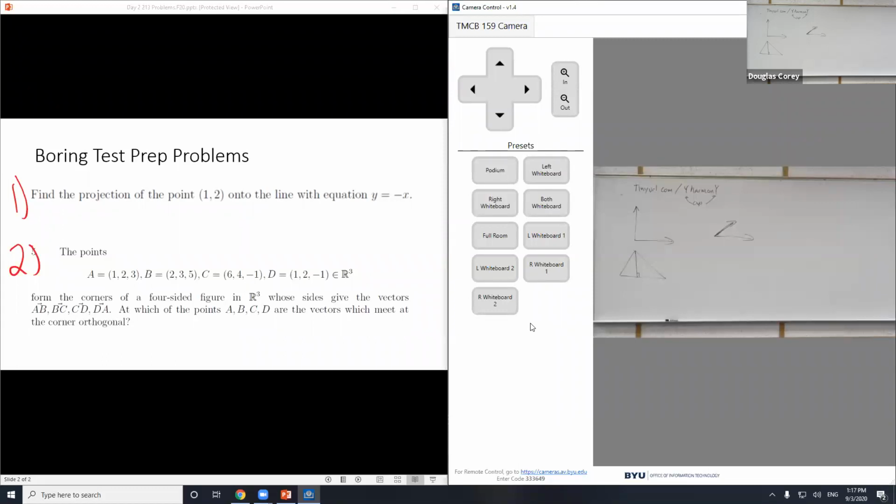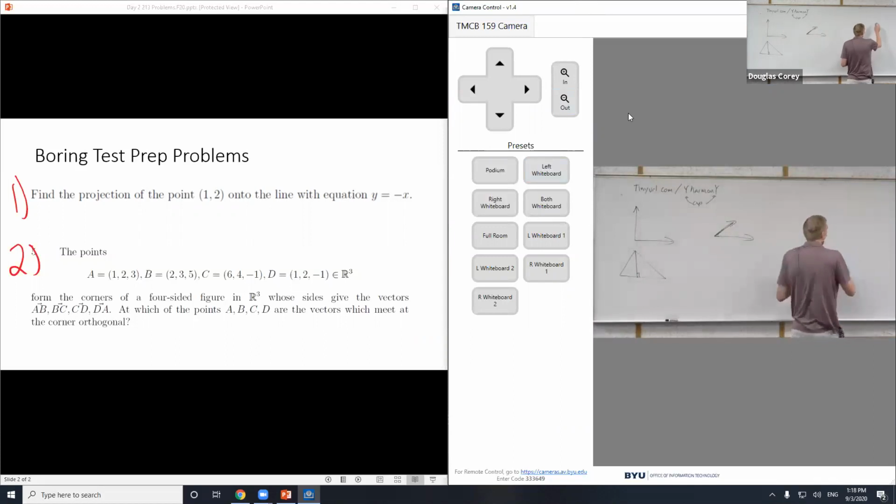Yes? Just to clarify, if two vectors are parallel and point in the same direction, that would be perfectly related? Yes. As long as the vectors are pointing in the same direction and they're the same length, they are the same vector.